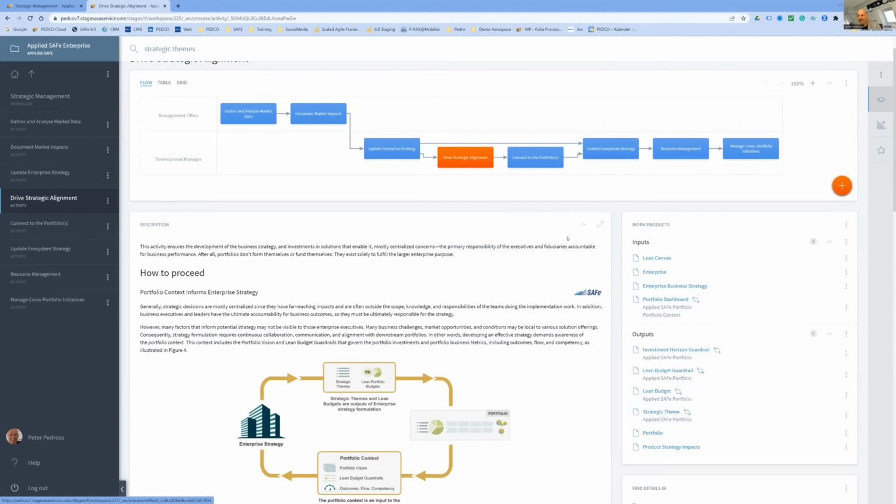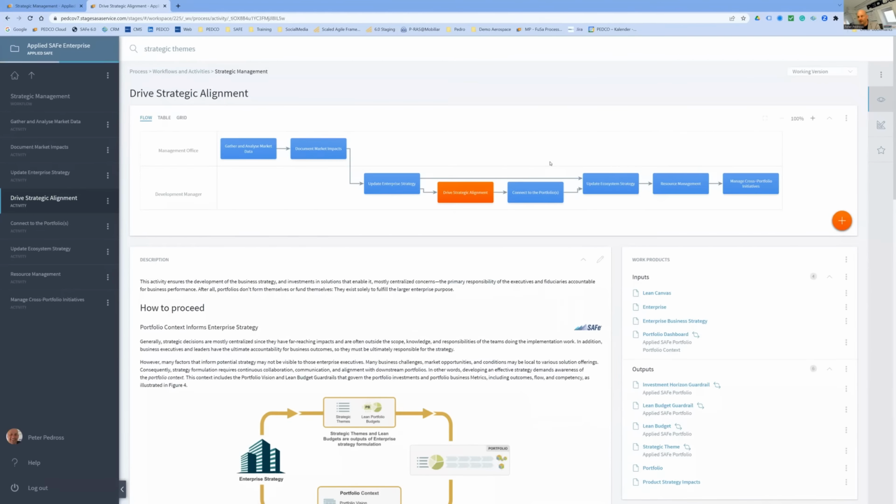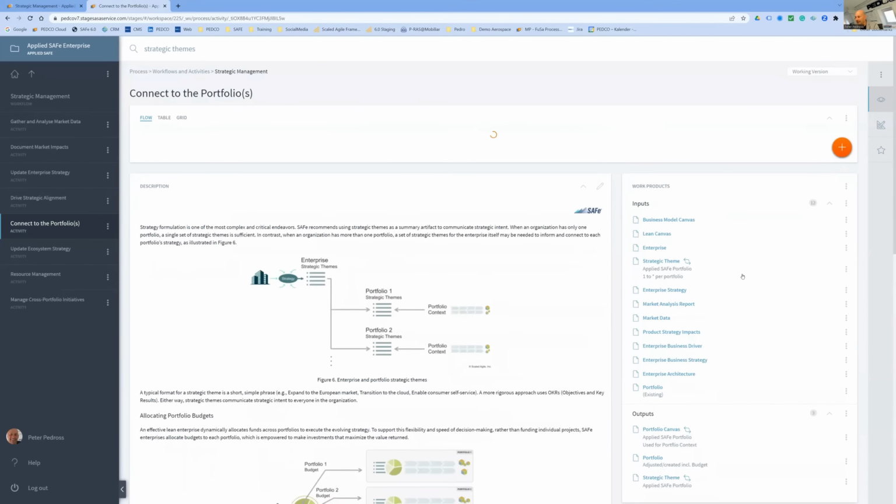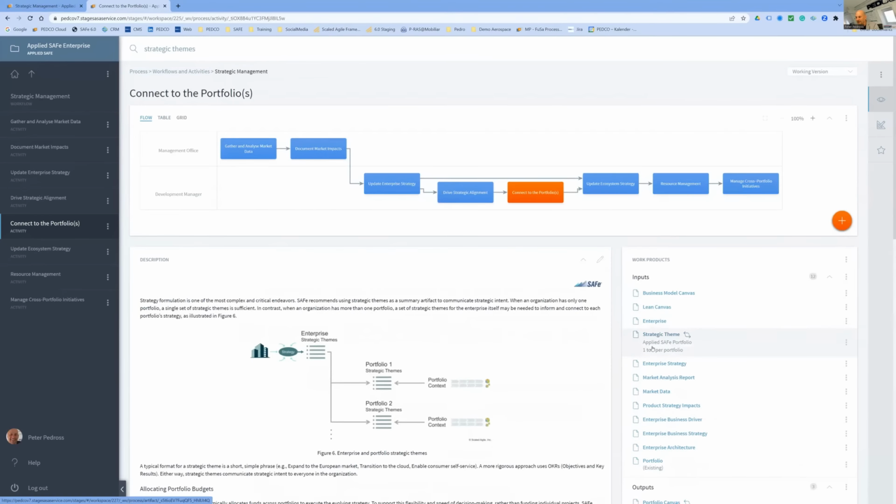It's all shown in the activity, and it will guide you through its implementation, its application, which you really can use. So we are talking about connecting the portfolios with the strategic themes, how this is done, several strategic themes per portfolio, and then we will update the ecosystem strategy and so forth.